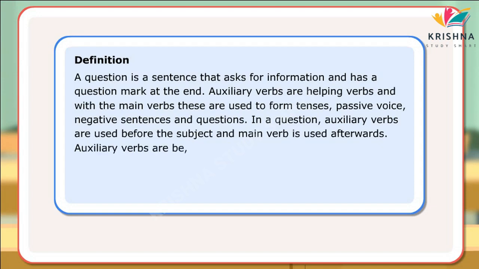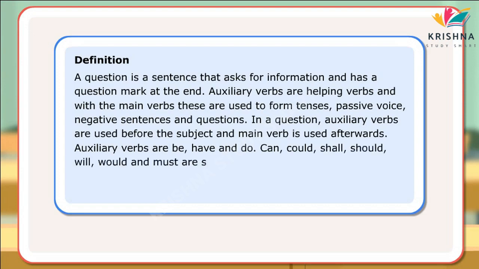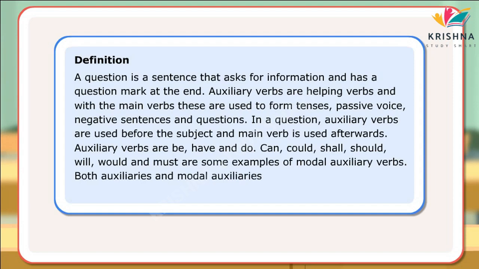Auxiliary verbs are be, have, and do. Can, could, shall, should, will, would, and must are some examples of modal auxiliary verbs. Both auxiliaries and modal auxiliaries are used with main verbs to ask questions.